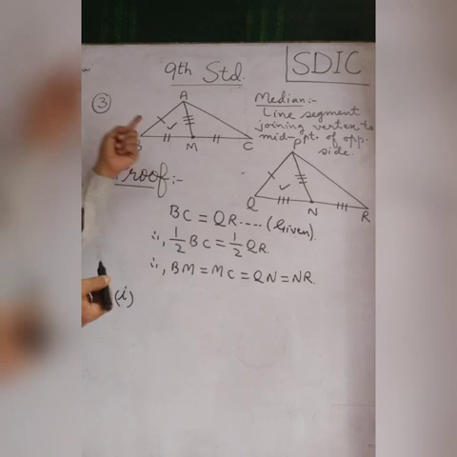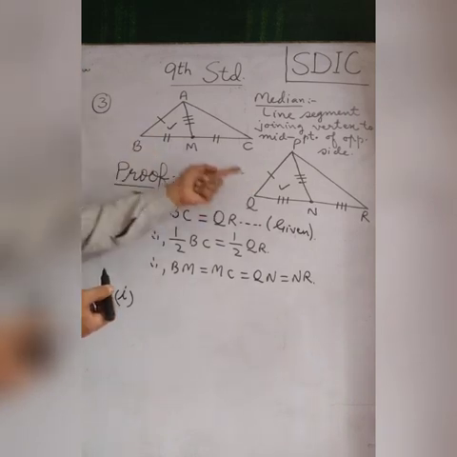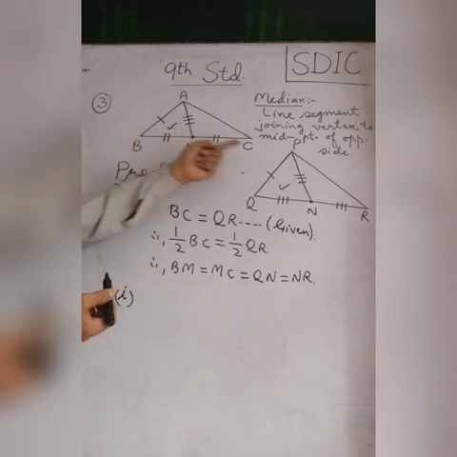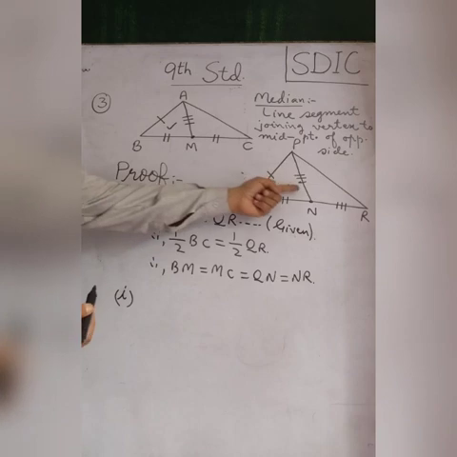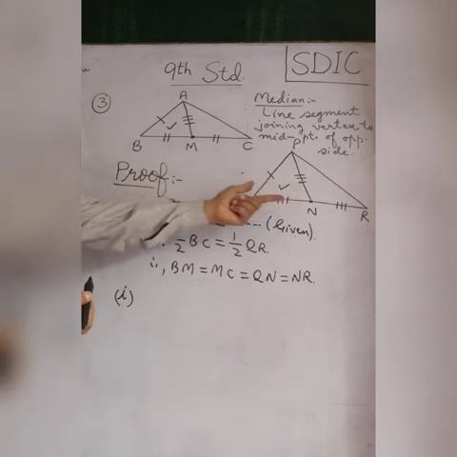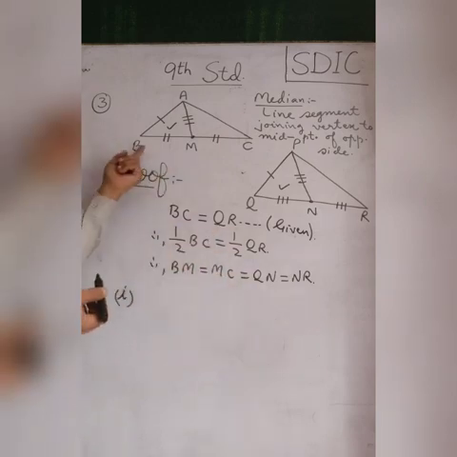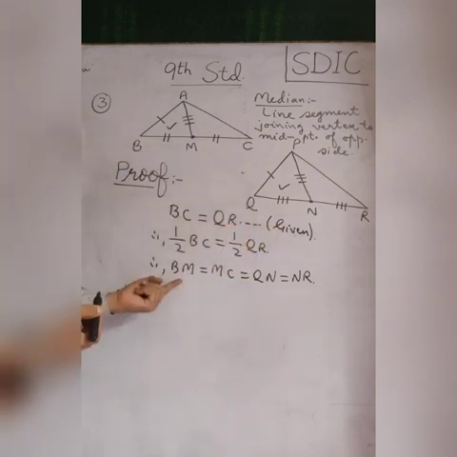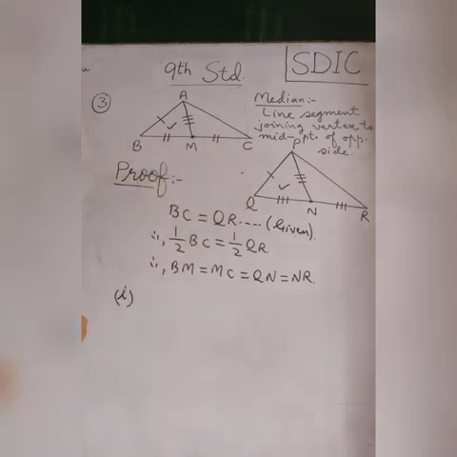We have AB equal to PQ. This is given to us. One side. We have AM equal to PN. That is the second side of these two triangles. It is also given to us. And the third one we have just now got. We have BM equal to QN. These are also equal. Thus by the SSS congruency rule, the two triangles will be congruent.